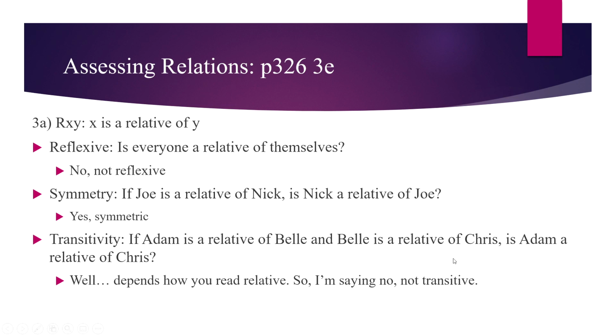Adam is not a relative of Chris. So in this one, I'm disagreeing with the textbook, and I would say it's not transitive. But in some ways, this depends on how you conceptualize being a relative of. So this is not the type of example you're going to get on the exam or on assignments that we grade for you.